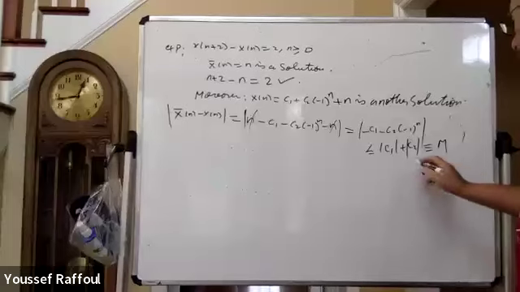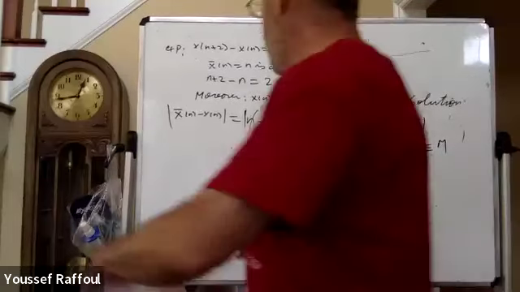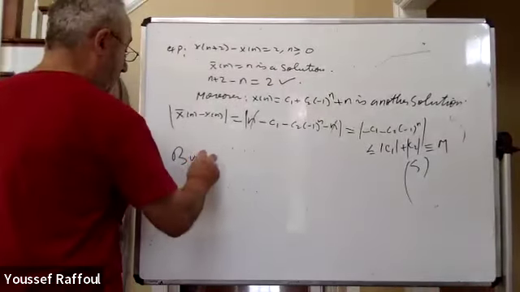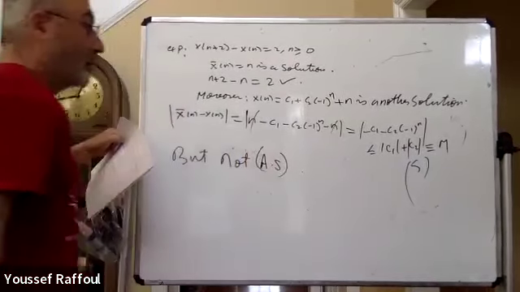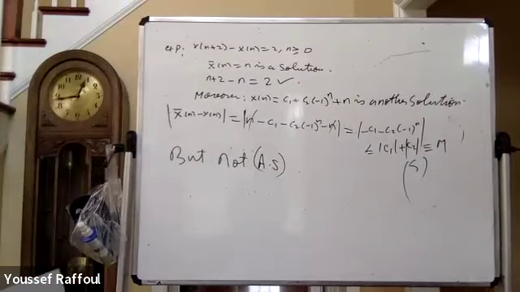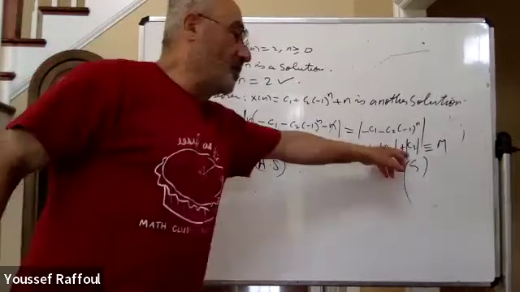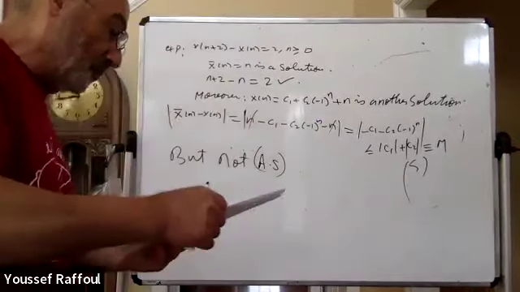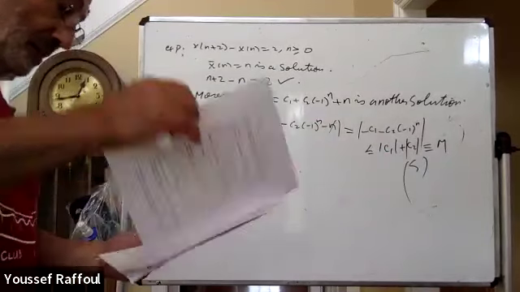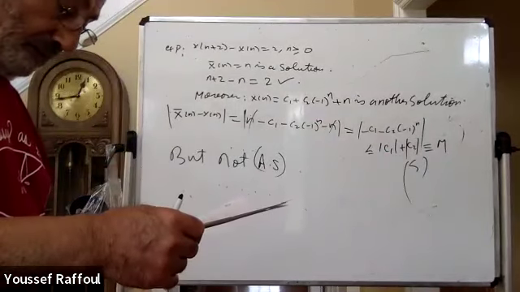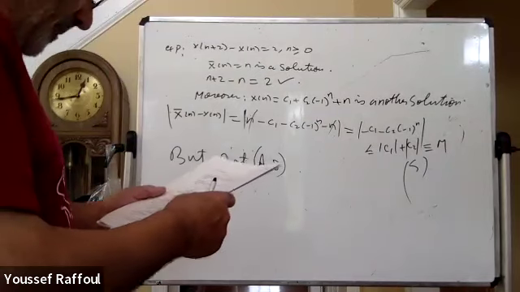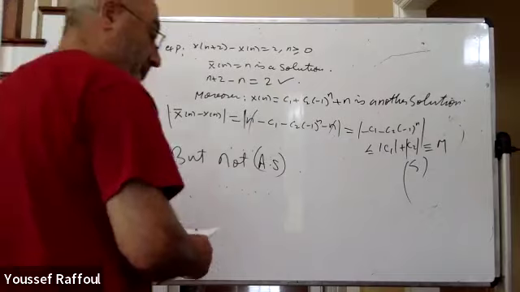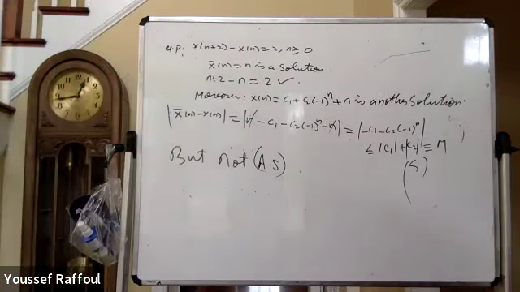So that is bounded. So stable, but not asymptotically stable. Okay? Because the limit does not go to 0. All right. Okay. See if you have any questions.